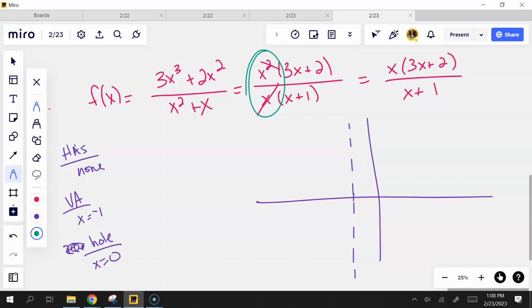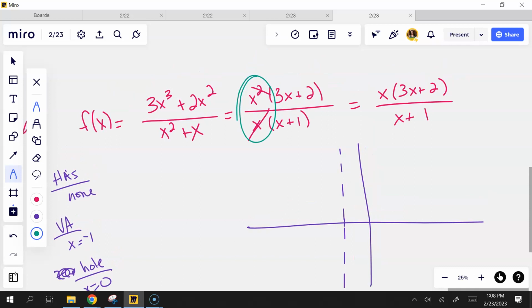All right. This cancels, right? Because it cancels top and bottom, it creates a hole. Where does it create a hole? It creates a hole wherever the bottom would be 0 of whatever cancels. So whatever canceled out, set it equal to 0, and that's the hole.